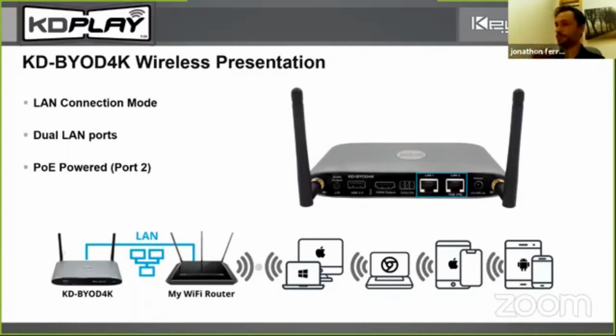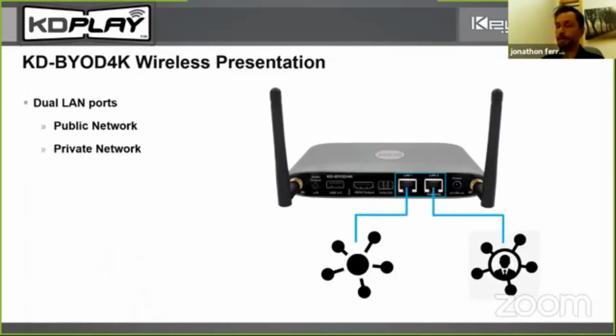They are on their network that they're familiar with. They don't have to ask for the Wi-Fi password or anything. And they will cast to the device through their network that they're familiar with. And this is what most applications are set up as. And you could connect to your local area network on the LAN ports. And again, there's two of them.